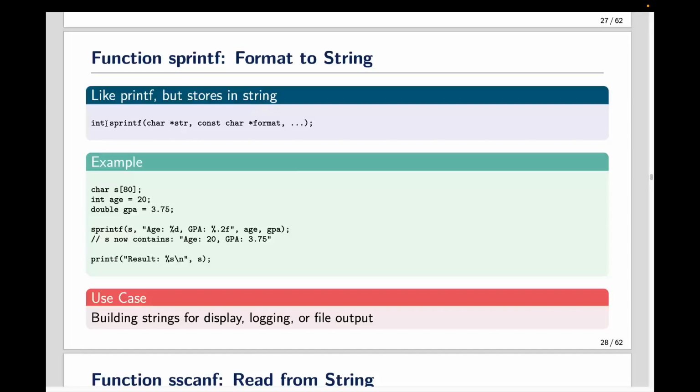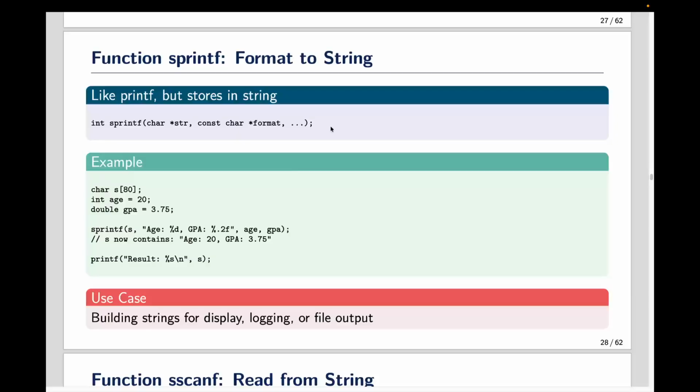Here you have int sprintf with a char star, the pointer to the array in which you are going to store it, then the constant char format, and then dot dot dot. Dot dot dot means that you can have different strings or integers being added.